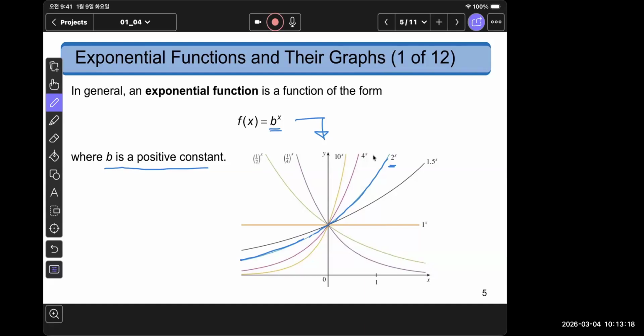And when b is 4, you get this red one. And if b is 1, you get this horizontal line. And all these curves go through the value 1. I mean, this point has the coordinate of (0, 1).